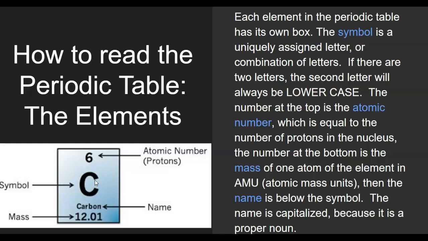The symbol for carbon is an uppercase C, it's a large C. Here's the name carbon, and it's a proper name, so we capitalize it. And then the mass of an atom of carbon is 12.01. We often just say the mass of carbon is 12. And the mass is measured in atomic mass units.